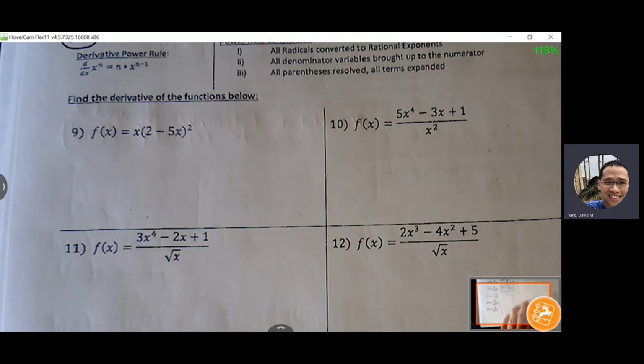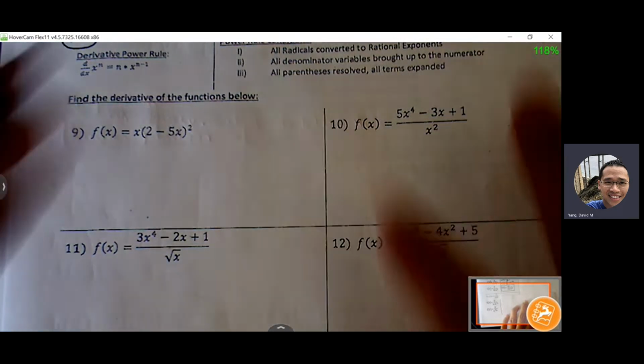But looking at number 9, how would you begin this problem? How would you begin your cleanup step? Yeah, FOIL out, right? Expand out. Make sure you don't just take that exponent and distribute that exponent through. You're going to miss something if you do that. Write the binomial twice, force yourself to FOIL, and then once you get that done, then you can worry about the x. All right, so it's easy to mess up this problem. So you want to make sure that you're taking the appropriate steps here.